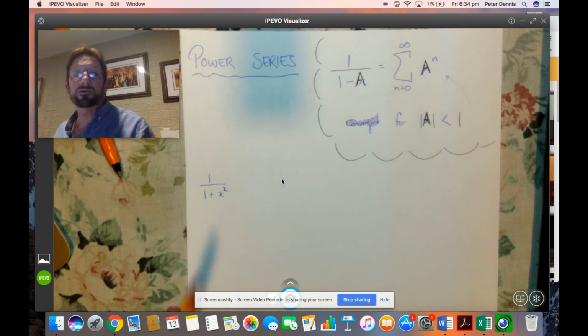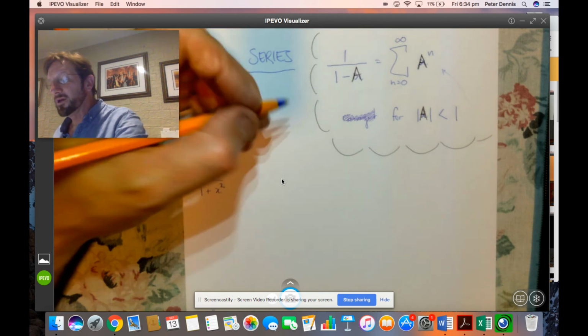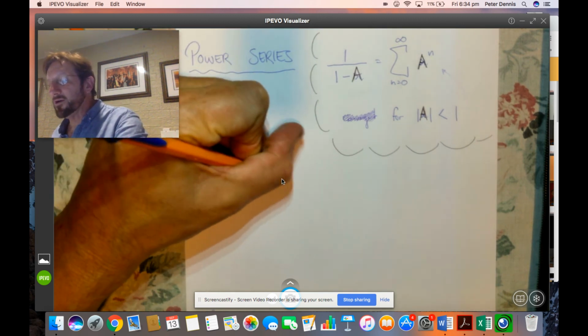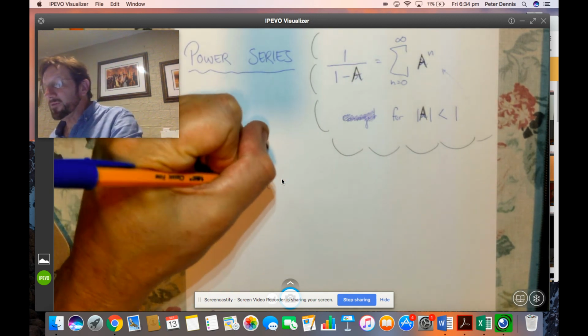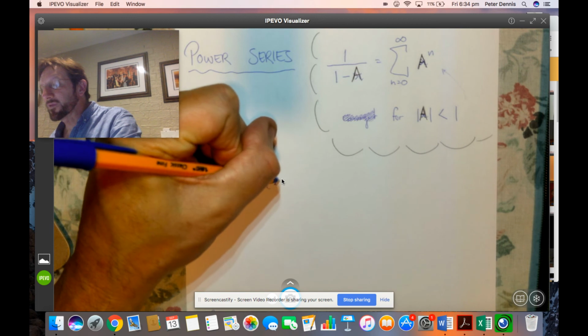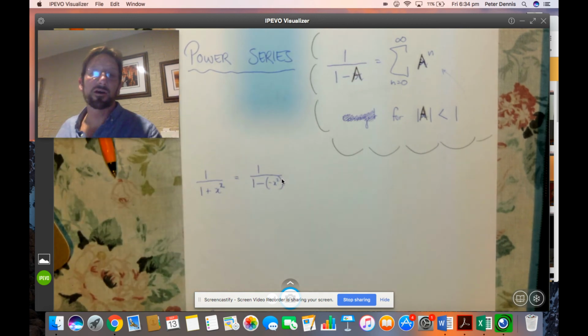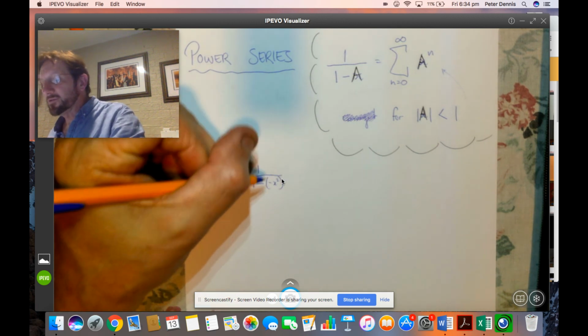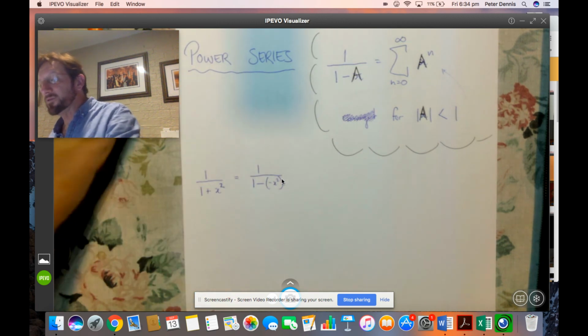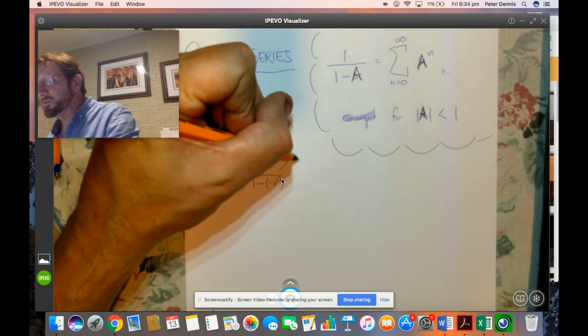The first thing we want to do: 1 over 1 plus x squared, we're going to write that as 1 over 1 minus something. Hopefully it's not too difficult to see that that's going to be 1 over 1 minus minus x squared. So this becomes our a.